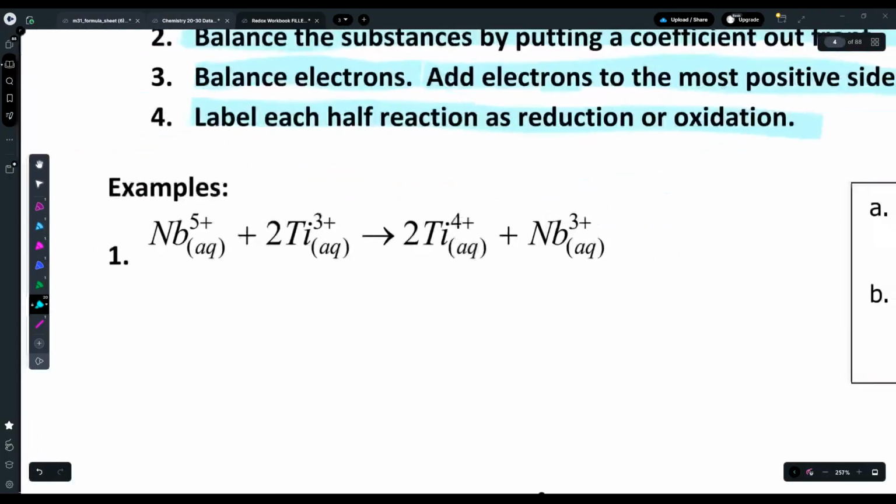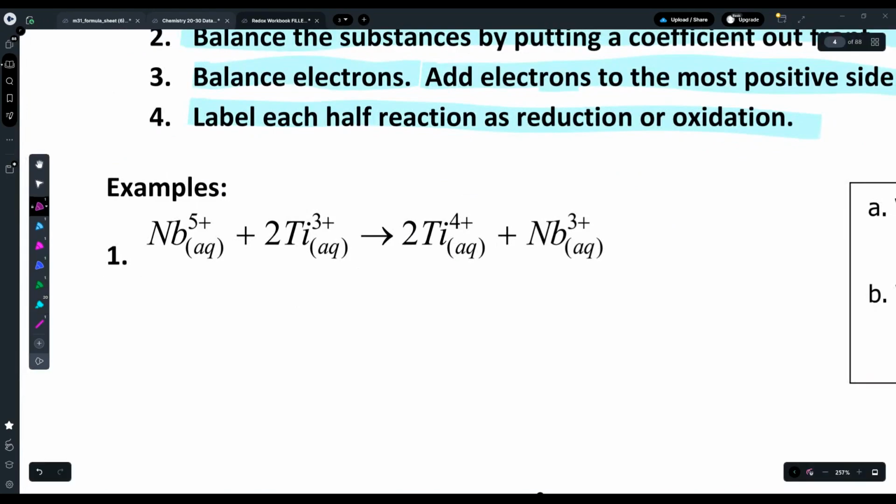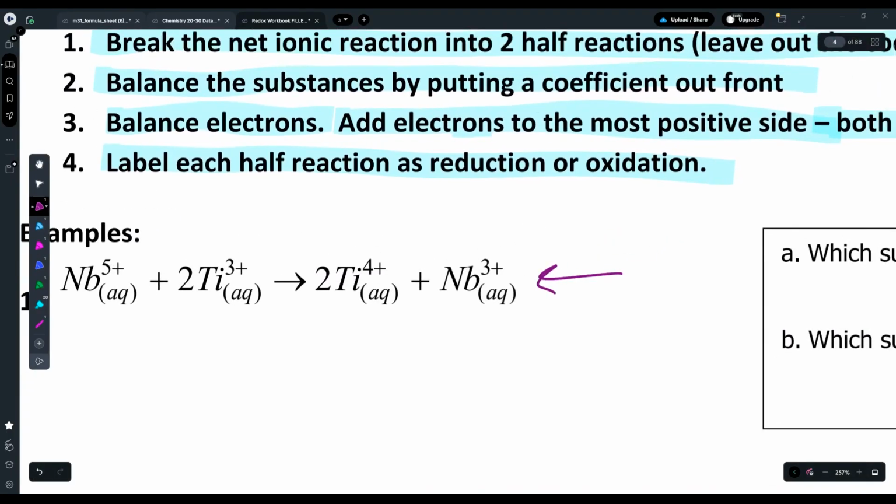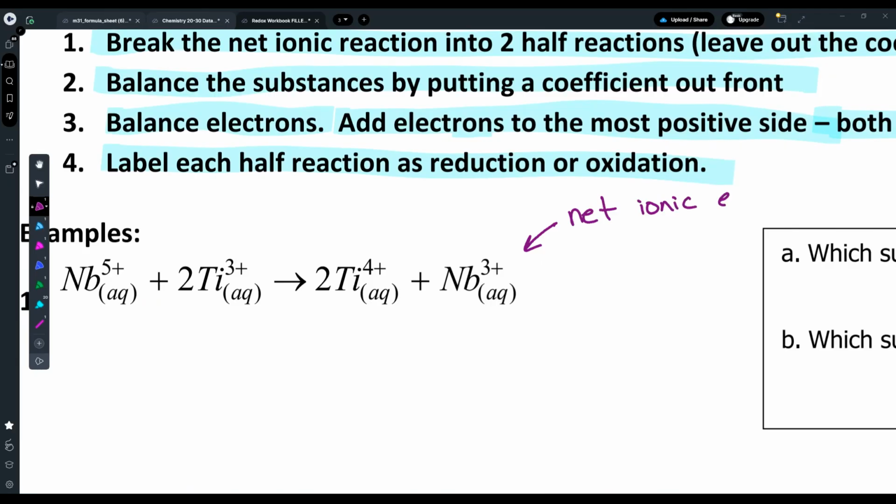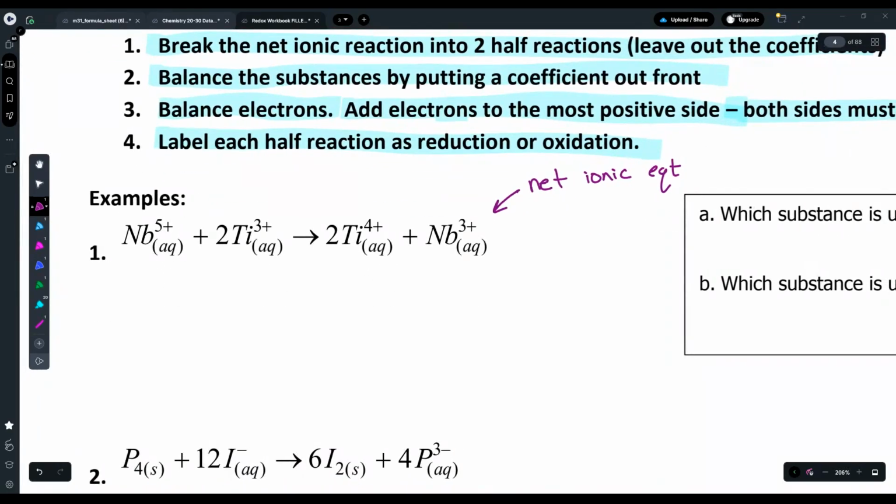All right, so for this first example, we take this net ionic equation, which is given to us, and let's label that here. This is what a net ionic equation looks like. This is just my shorthand for equation, EQN. What you're going to do is play a game of what looks similar.